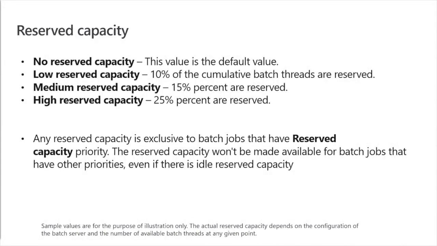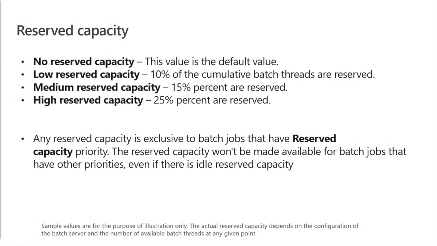The important part here is that this should be used very thoughtfully. This is now the only way you might have idle capacity, even if there are batch jobs waiting. So if you don't fully utilize the capacity that you have set aside with batch jobs in these batch groups that are using the reserve capacity, you might still have idle capacity while there are batch jobs queuing up for other priorities.